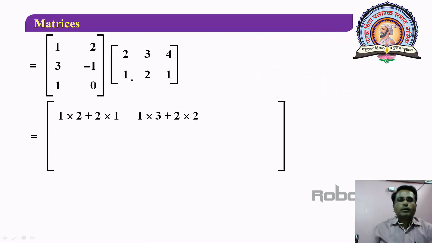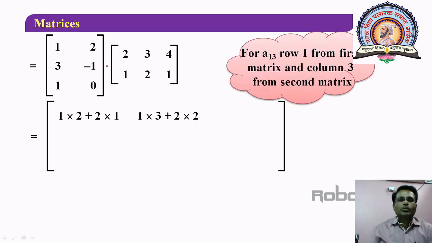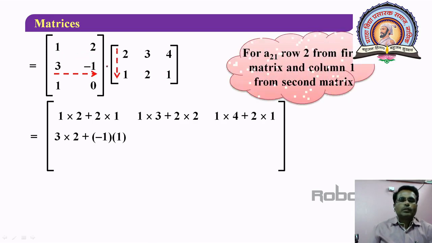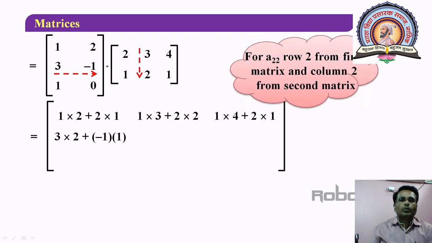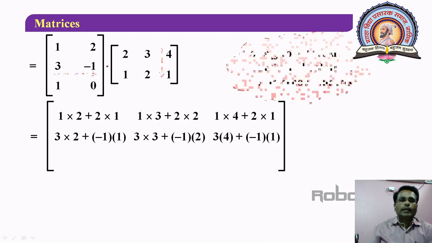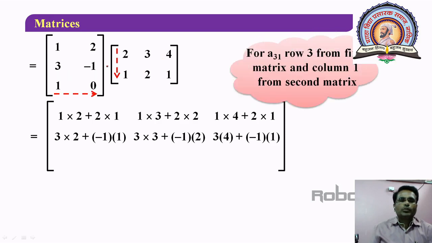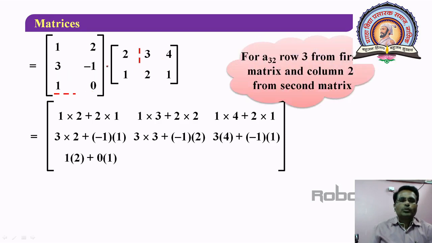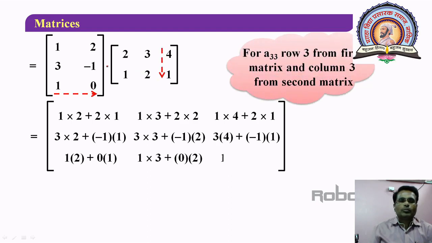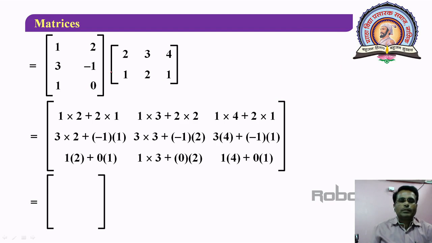Then next the first row, third column. Next the second row, first column. Then the second row, second column. Then the second row and third column. Again, next we have to consider the last row, first column. Last row, second column. Last row and last column. This way you will get the resultant matrix.